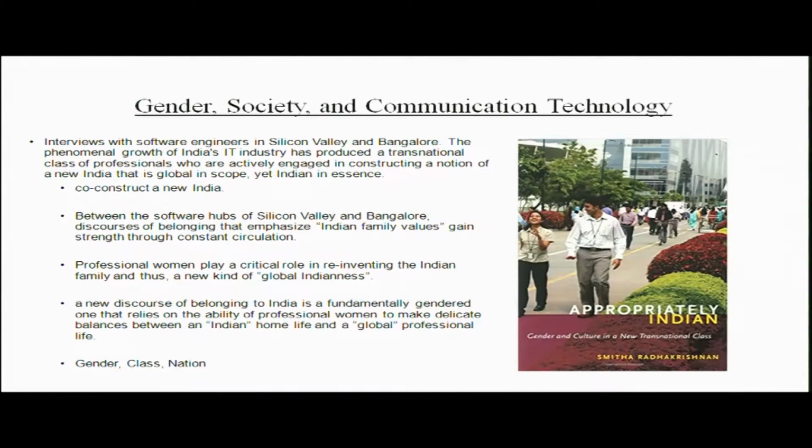So there is a new way of thinking, a new discourse, that there is an idea of global Indianness which is generated through a gendered idea that there's an Indian home life and a global professional life, and much at the center of this is the IT industry and the role of gender in formulating that new domestic space.